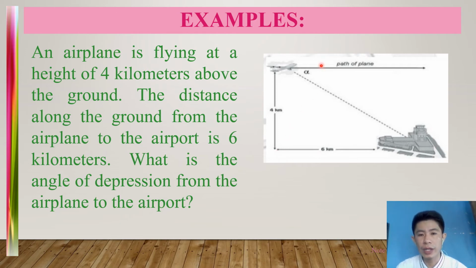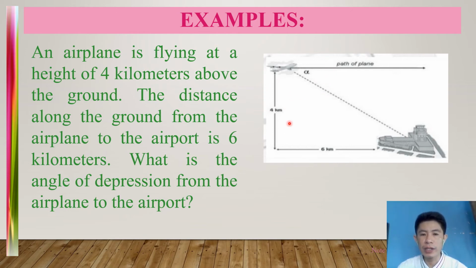But we are looking for the angle of depression. And this is the horizontal line of sight from the airplane. And this is the vertical distance from the airplane down to the airport. So we are looking for the angle of depression.